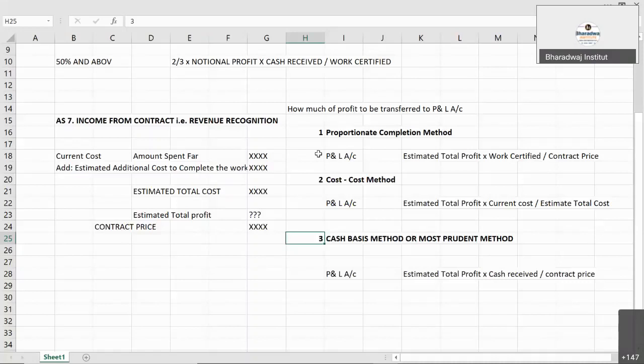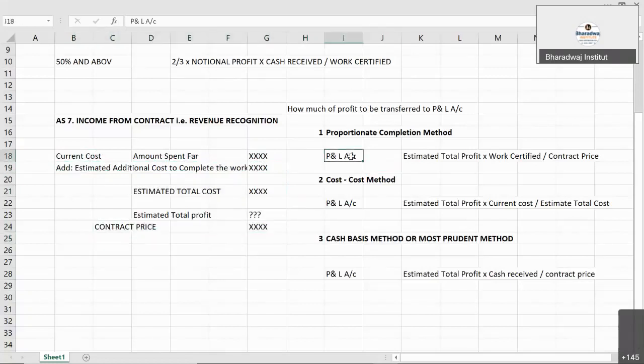Please ask once again, for the profit transfer to P&L. The profit transfer to the P&L account depends on any of the three methods. Before calculating the profit, first you have to work out the current cost, add the estimated further cost, so that you will get the total cost of completion against which the contract price should be compared.